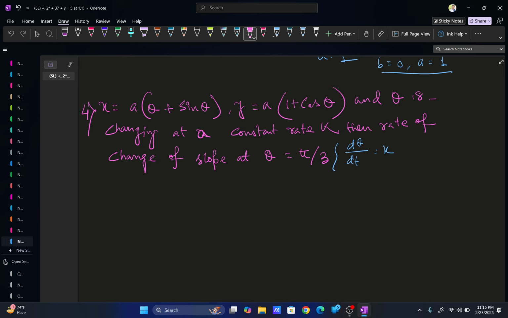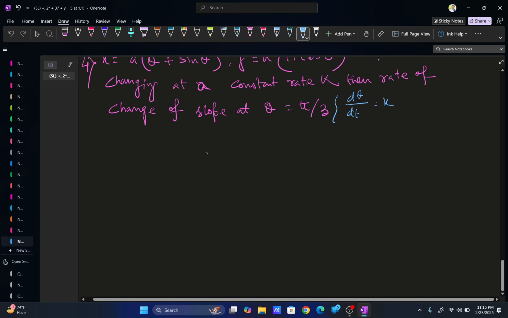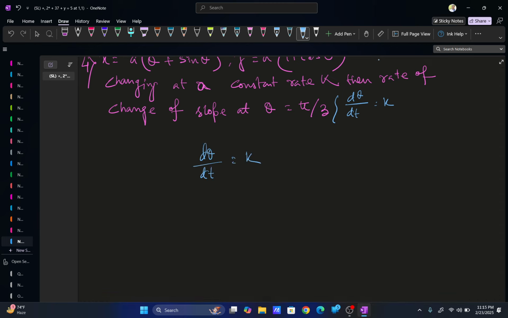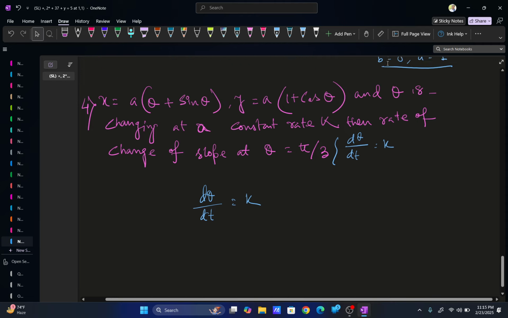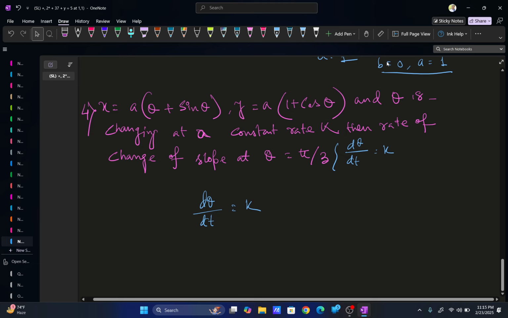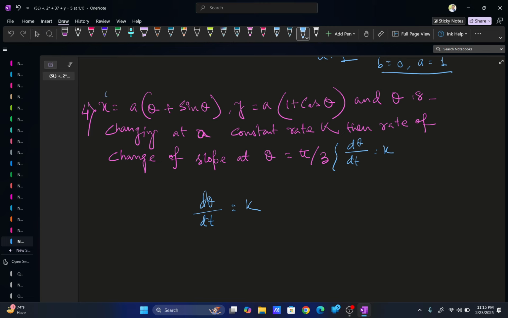So we start the question. It says d theta/dt equals k. For this type of question we first go for dx/d theta and dy/d theta, and from those we get dy/dx.